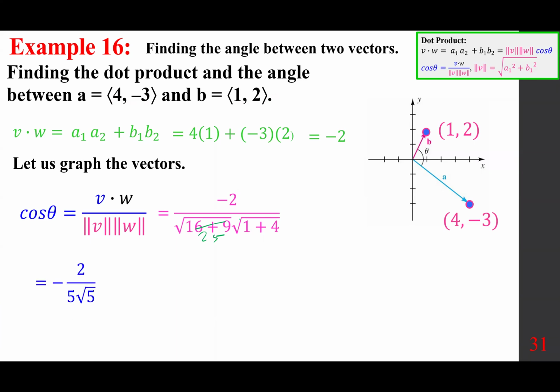If we multiply by square root of 5 over square root of 5, we get minus 2 square root of 5 over 25. This is the rationalized format, and theta is the cosine inverse of this number, which, using a calculator, ends up being 100.3 degrees. So that's the dot product and the angle in between.